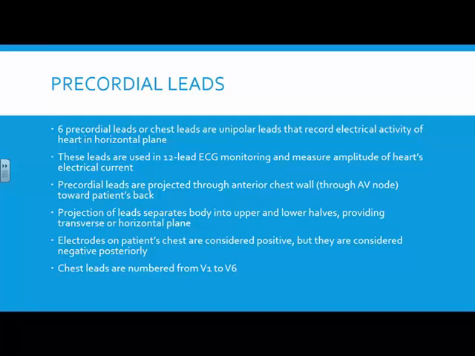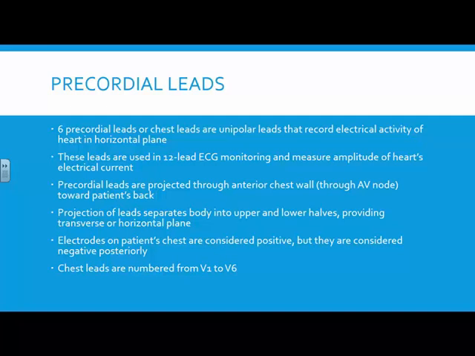Then I've got my unipolar augmented leads. What does that mean? That means we do not have dedicated two poles. The monitor actually creates a negative. They also have to be augmented in the monitor, meaning the monitor has to increase amplitude in order for us to get a graphic representation of those leads, okay?